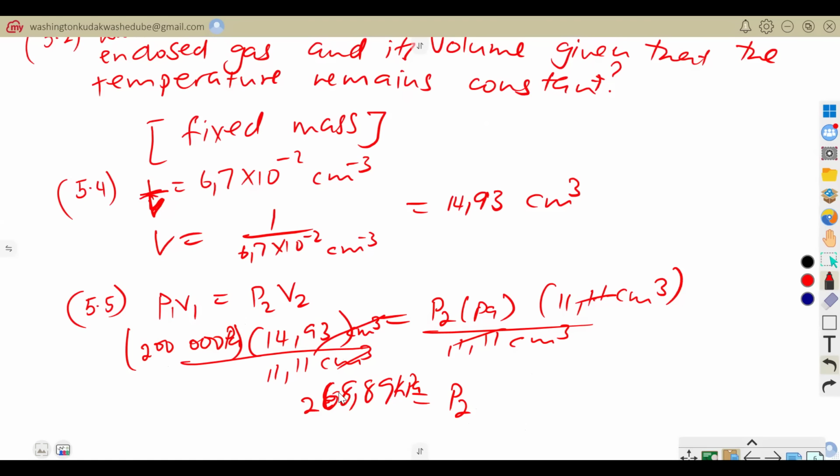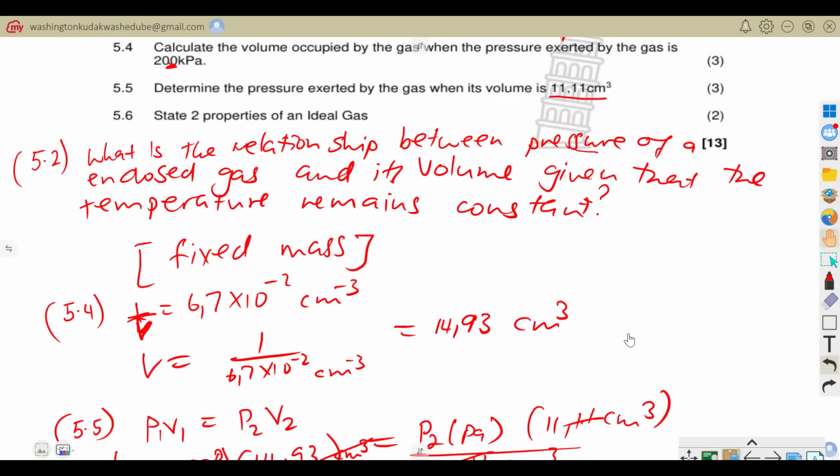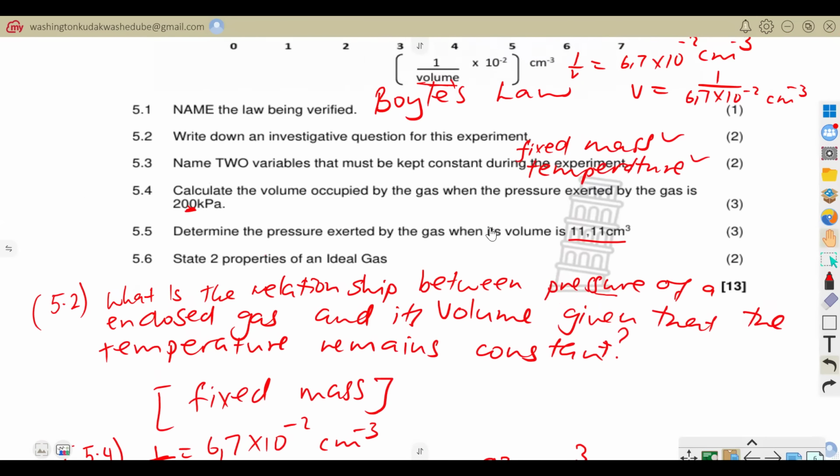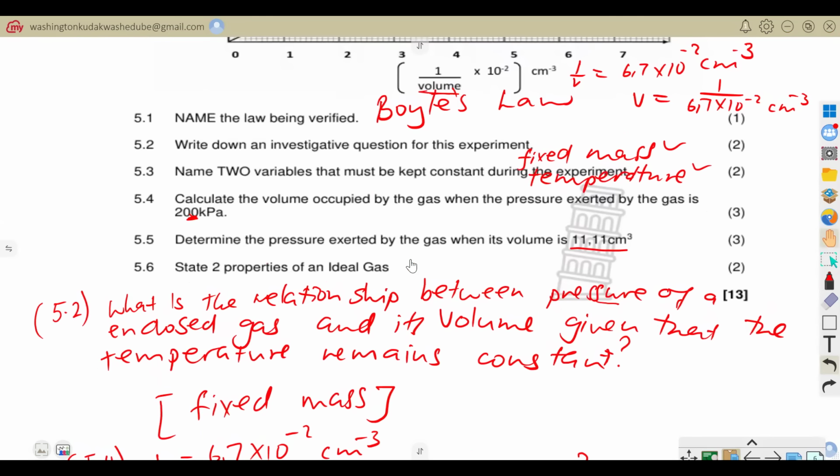I've divided by 1000 already. So this was going to be 268,890 pascals, or else 268.89 kilopascals. That was going to be my pressure. The pressure that I was supposed to find when I've got this volume was going to be 268 kilopascals.